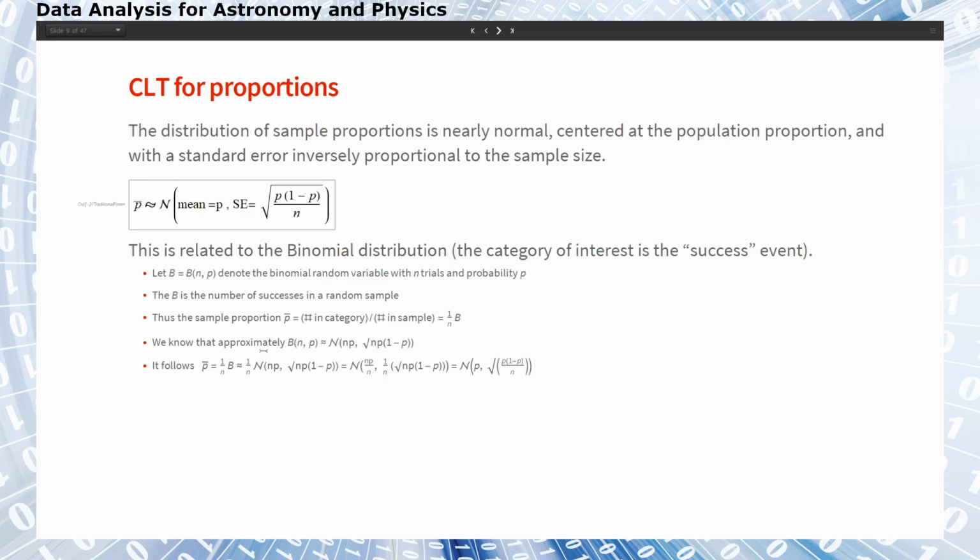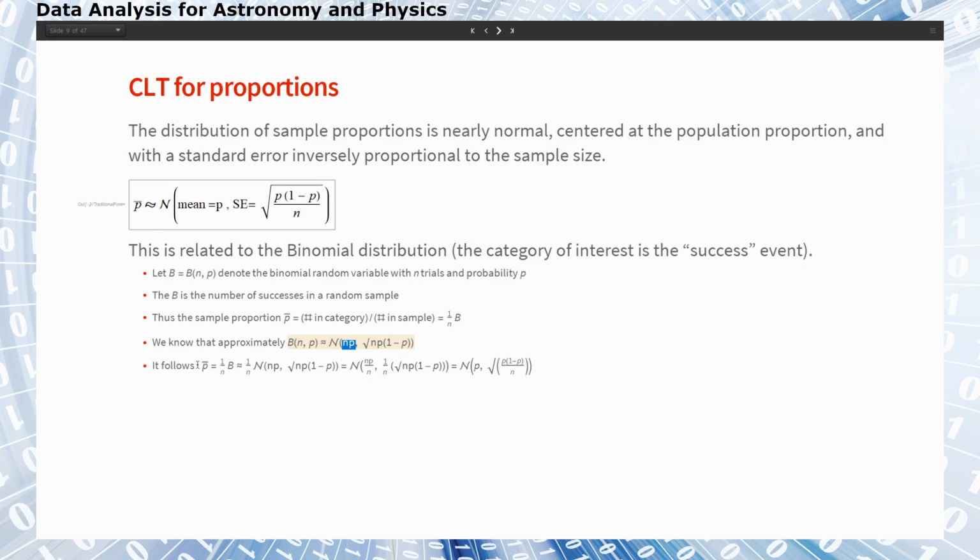And we know that in the limit where the binomial distribution approaches the normal distribution, the normal distribution has np as our mean value and the square root of np times 1 minus p as standard deviation.